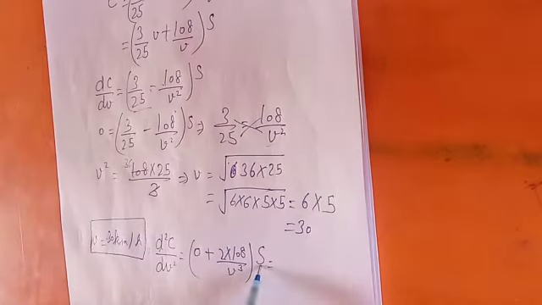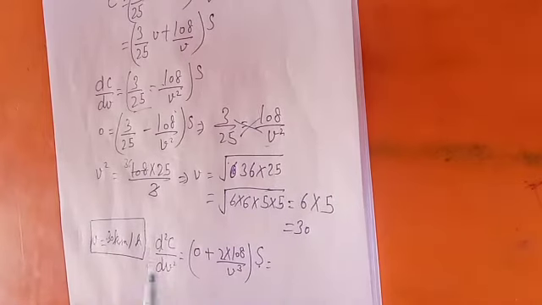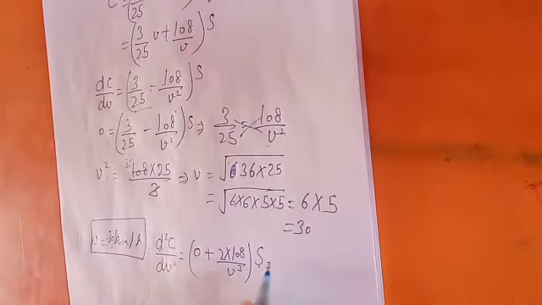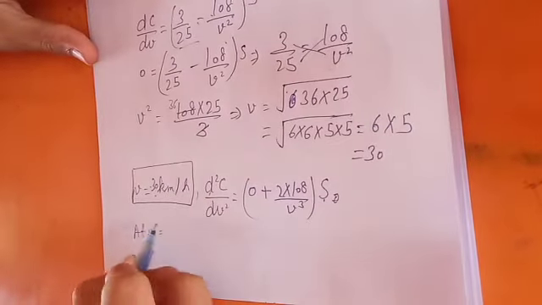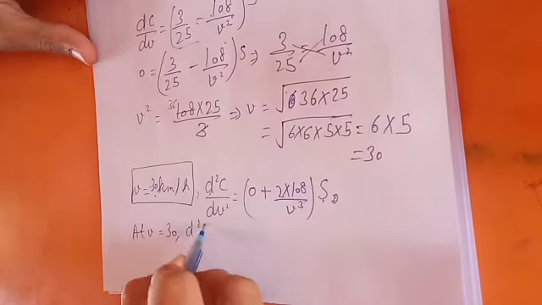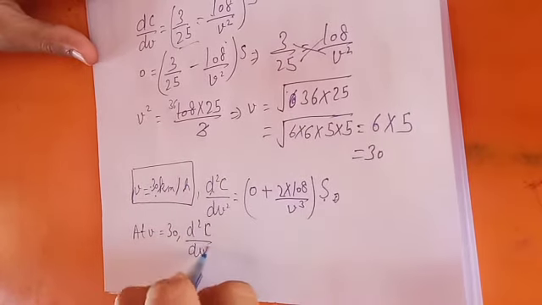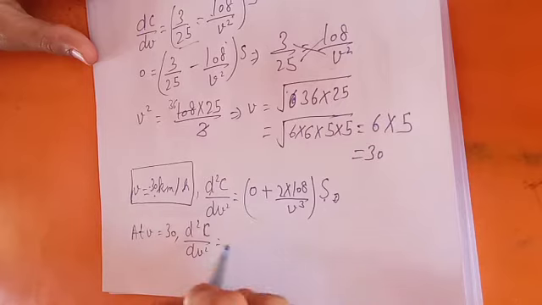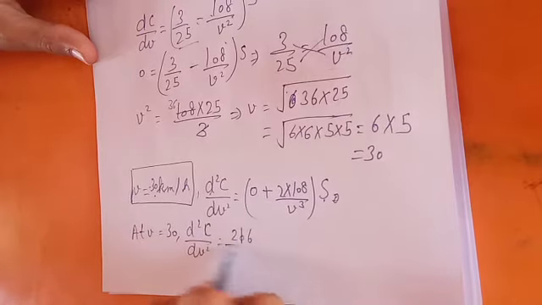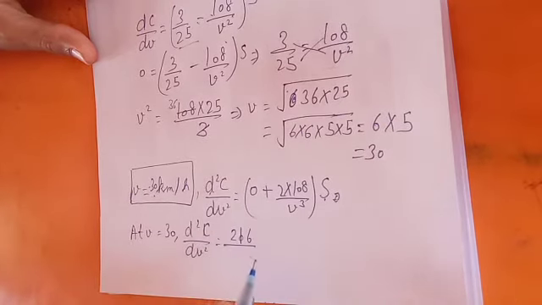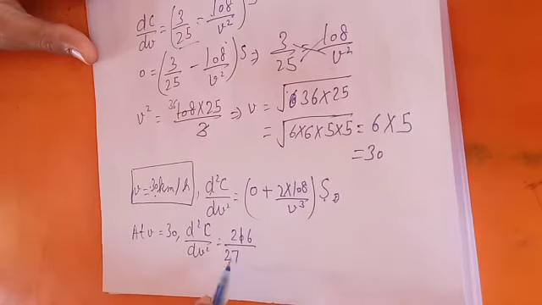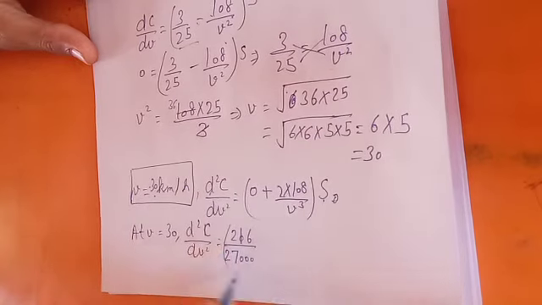S is distance, that cannot be negative, and v is also positive. At v equal to 30, d²C by dv² will be 216 by cube of 30, which will be 27000 into s.